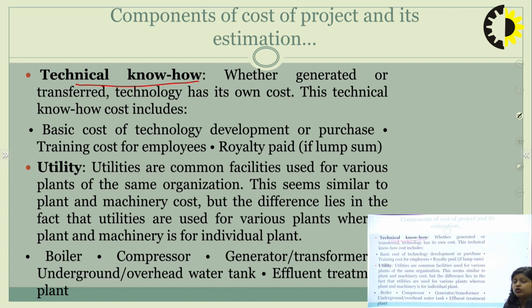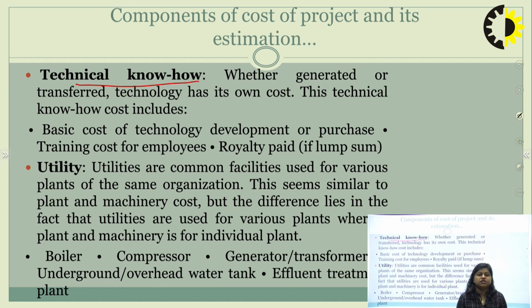Then based on the technology that you purchased or have, you need to train your employees also, and you need to pay the royalty for that also. It may be possible that you purchase machinery in which some technology is involved, and the people on your staff don't know how to operate those machines. So in that case you need to train your employees.